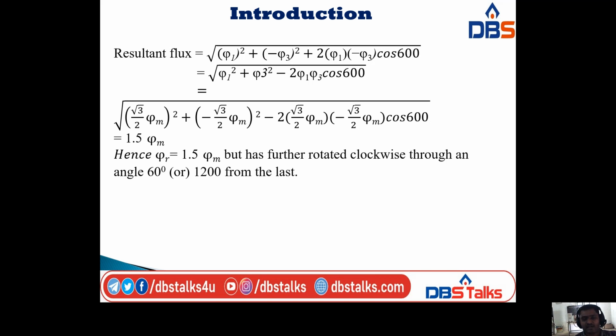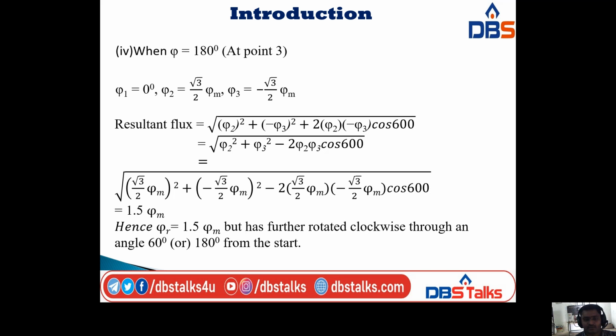So hence phi r is equal to 1.5 into phi m and theta is equal to 120 degrees, but it is further rotated clockwise through an angle 60 degrees. Okay, and next, finally we are going to the fourth case, that is when theta is equal to 180 degrees, that is at point 3.